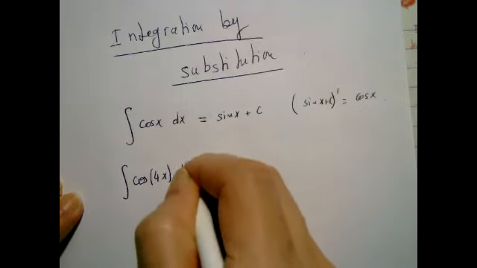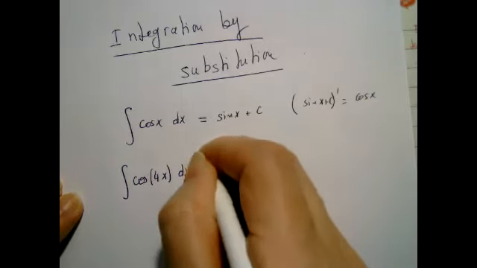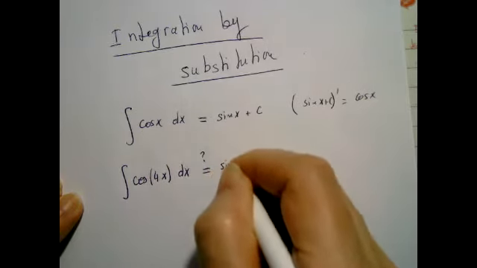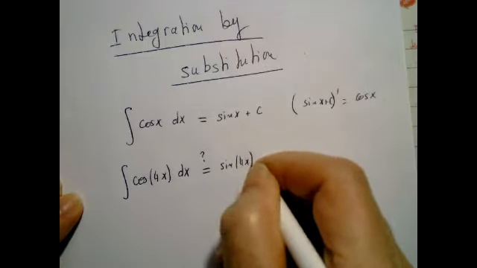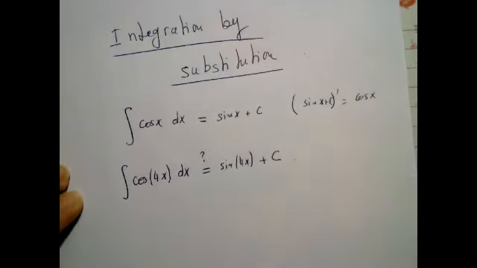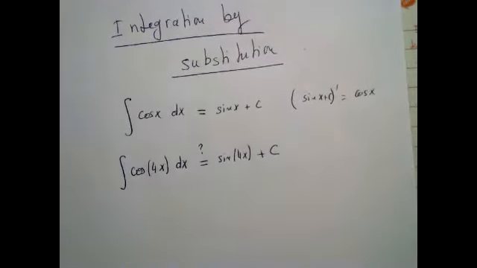Now, what if I put, instead of cosine x, cosine 4x dx? The question is, is this equal to sine 4x plus c? True or false? Let me ask one of you. Natalia, what do you think?